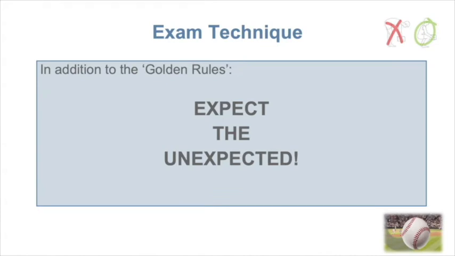In addition to our 3 golden rules, we have expect the unexpected, and I call this the curveball question. In every exam that's been published in the past, there's always some kind of question, normally worth, say, 6 to 8 marks, where they're going to be either loosely or not linked at all to the clients that you've been given in the information for the exam.